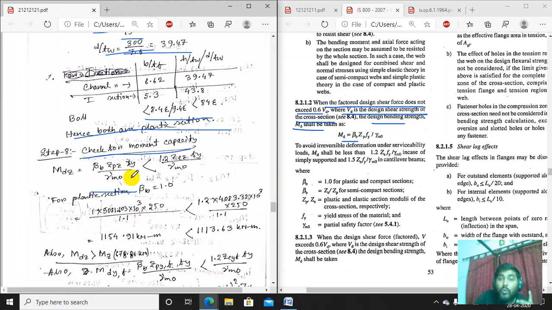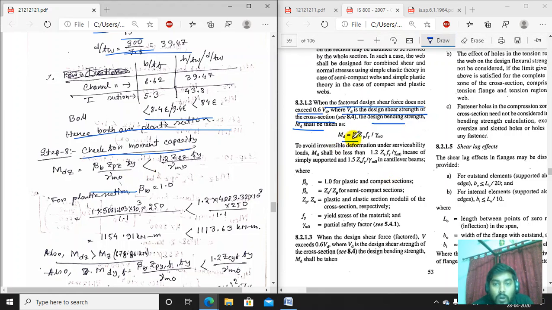We are designing based on that concept, because the gantry girder is a member where a huge amount of load is coming. So we will always try to keep the section in the low shear case. If it is not, then we have to change the section accordingly. So let us take this formula and determine.